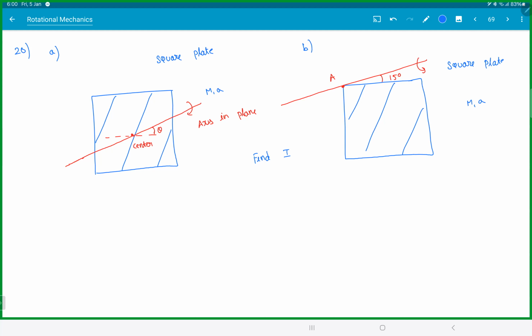This is a standard one, you must have seen this. Most people say 15 degrees and get scared.